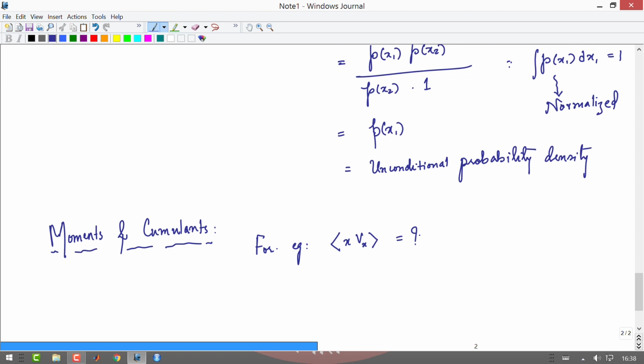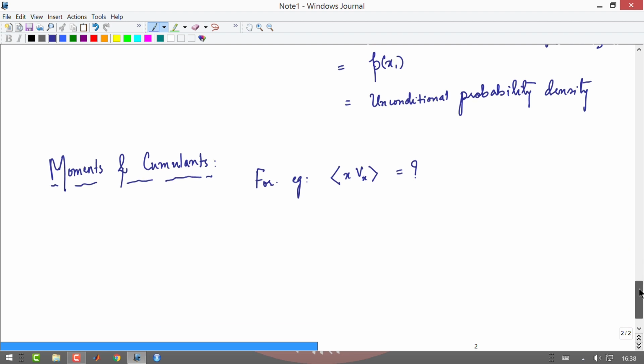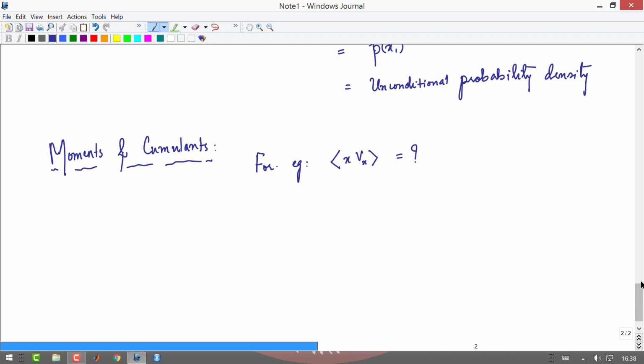You can compute this if you know the characteristic function of multivariable distributions. Okay. So, let us compute these moments using the definition of characteristic functions. And then we shall proceed with another very simple and powerful method, which is the graphical method of computing these moments.